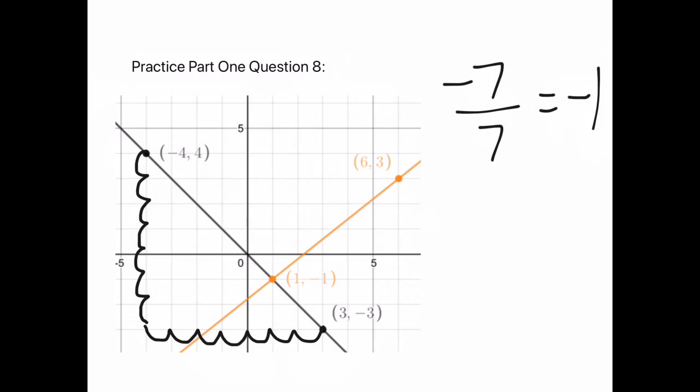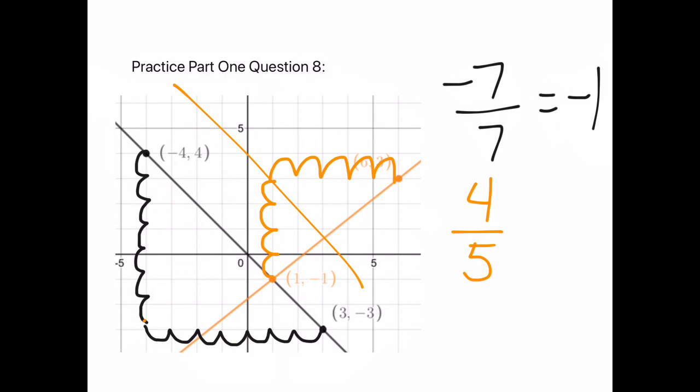And in the orange, we have to go up 4, and over 5. So rise 4 and over 5, which does not reduce to -1, but it also is not a negative reciprocal of -1, which would be +1. So these are not perpendicular.